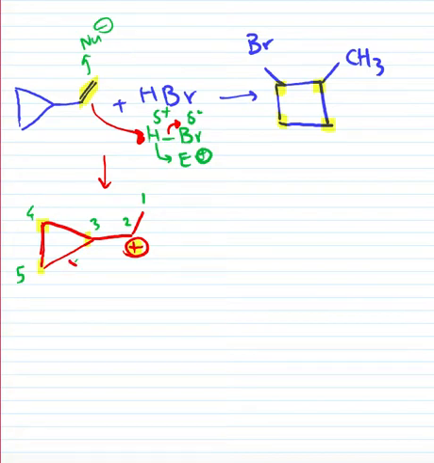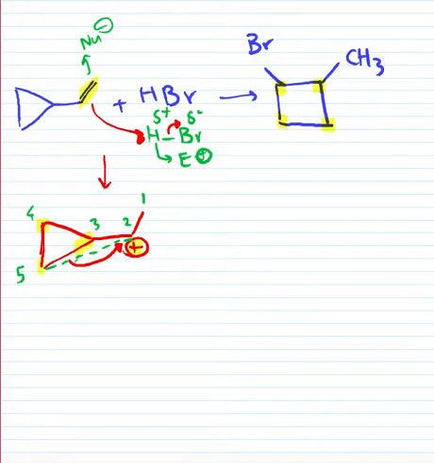So this is going to now attack here and form a bond. So we're now going to make this green bond between carbon number 5 and carbon number 2, and we're going to break this bond here between 5 and 3.